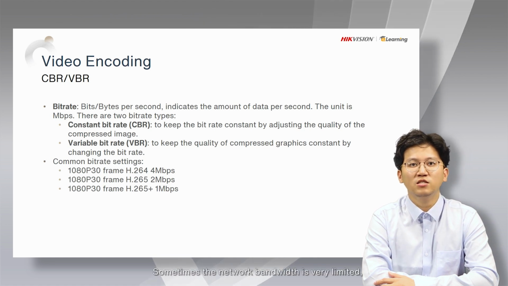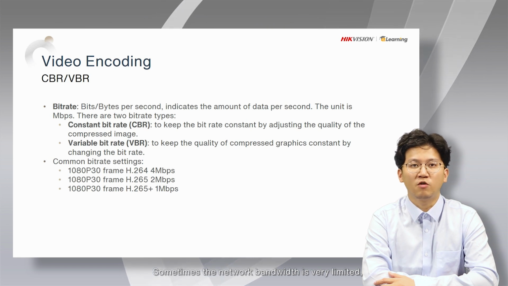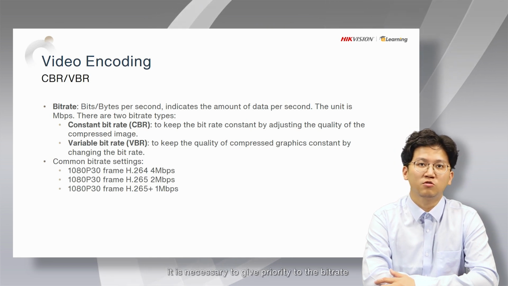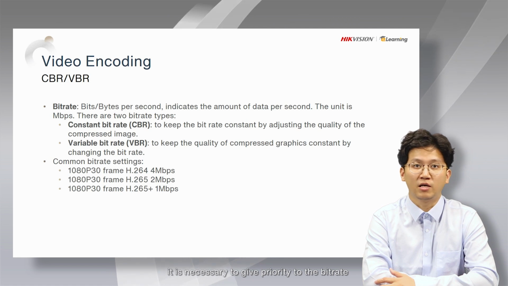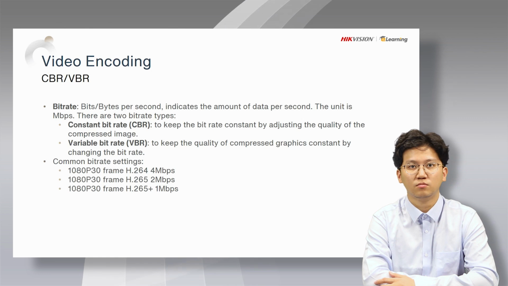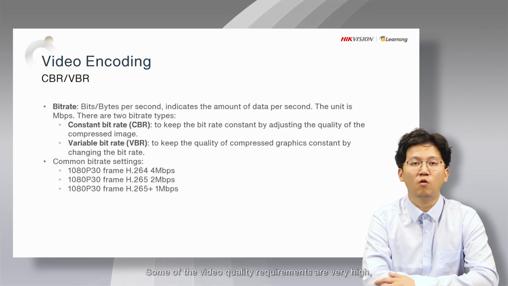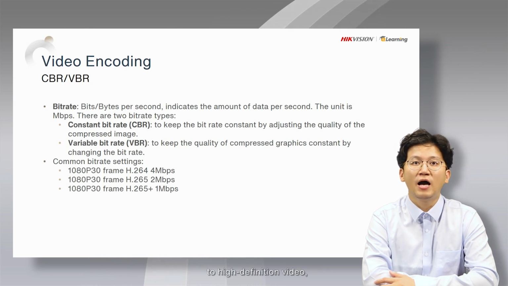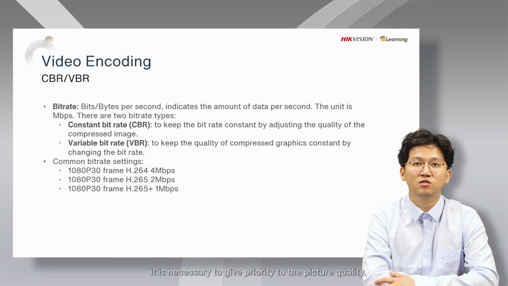Okay? Sometimes the network bandwidth is very limited, so it is necessary to give priority to the bitrate and size in the encoding control scheme. Some video quality requirements are very high. For high definition video, it is necessary to give priority to the picture quality.